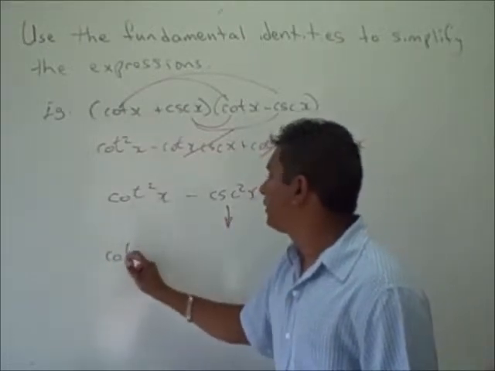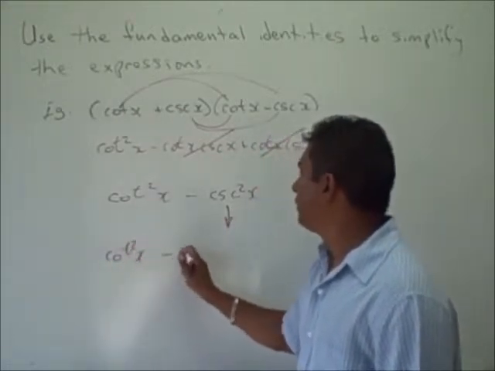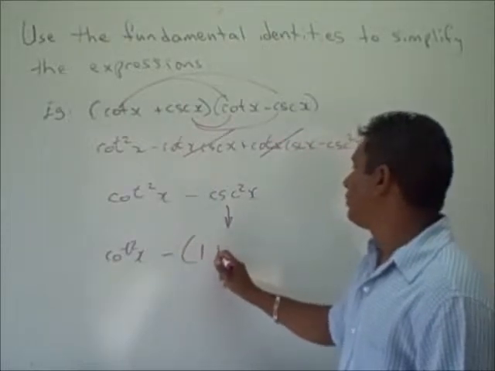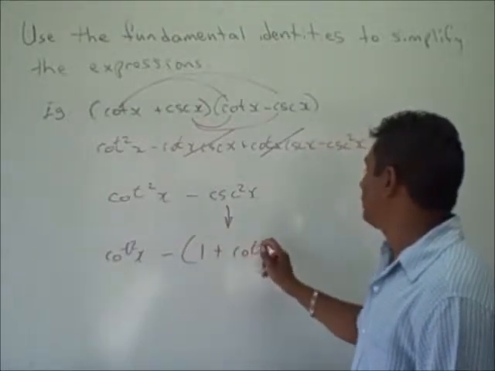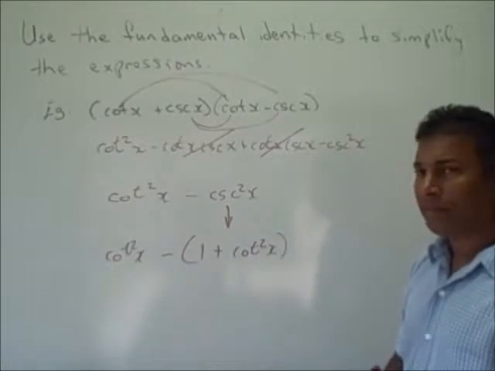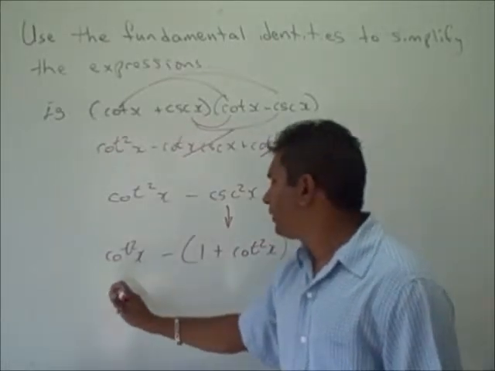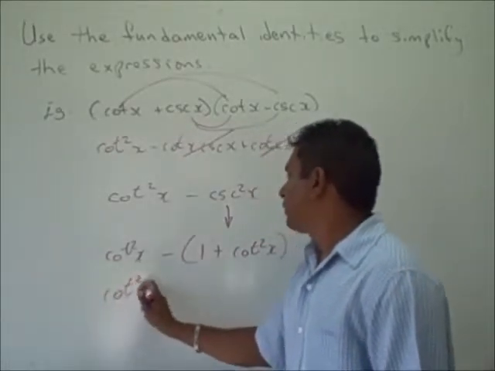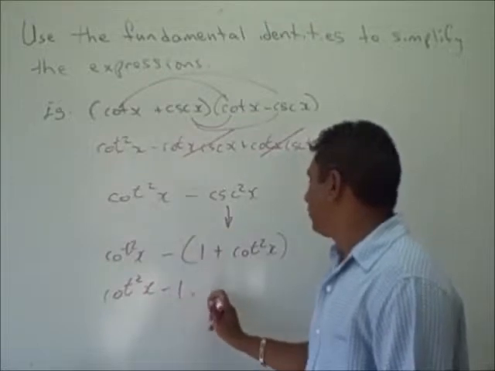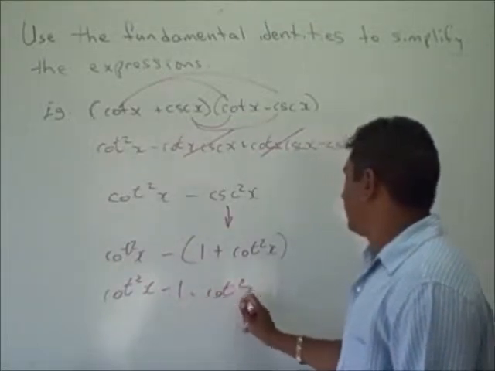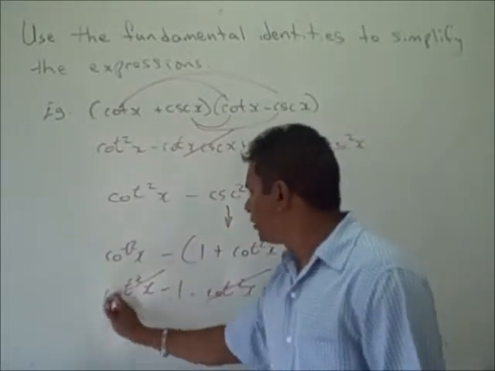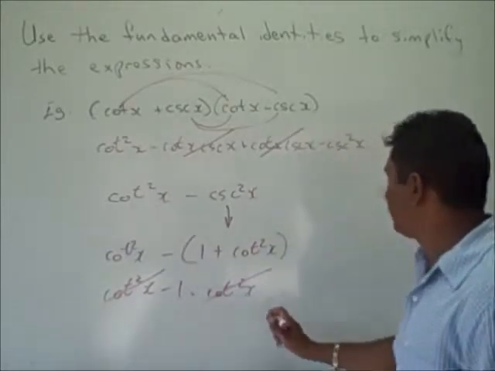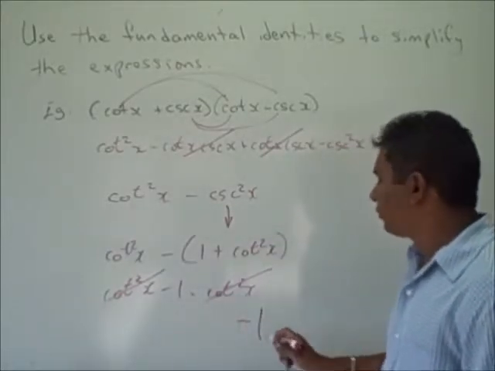So we have cotan squared x minus 1 plus cotan squared x. Using our distributive property again, we have cotan squared x minus 1 minus cotan squared x. And these two will cancel, so our final answer would be equal to negative 1.